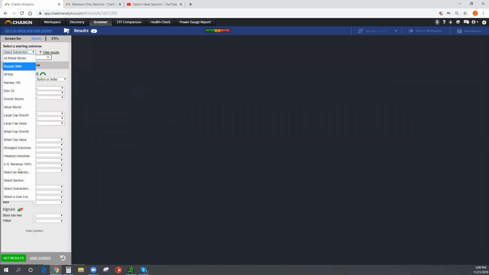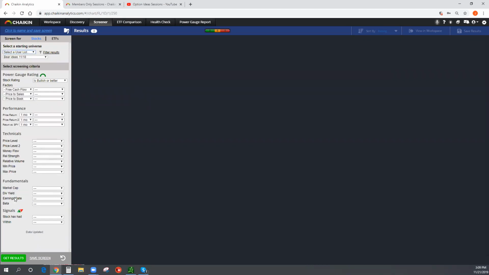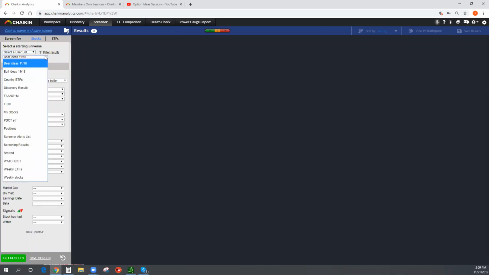You also can select a user list. I think this is a great tool. You can import all kinds of things. So yesterday on a session, someone said, hey, can I screen ETFs? And I said, well, no, not today. But if you create that ETF as a user list, then the very next day you can screen it. So I can screen this particular ETF today because I plugged in all the constituents yesterday.